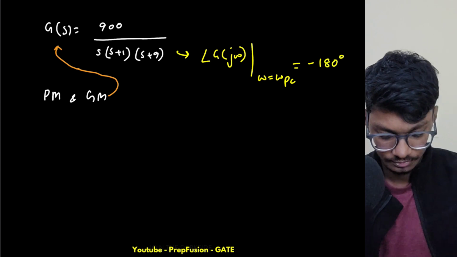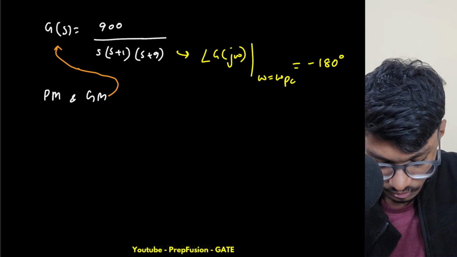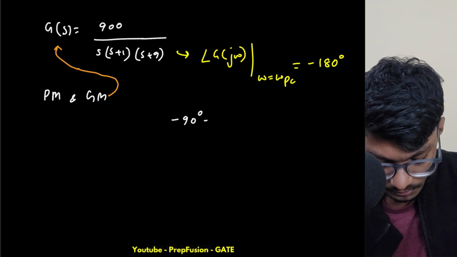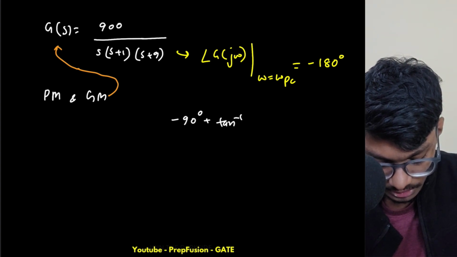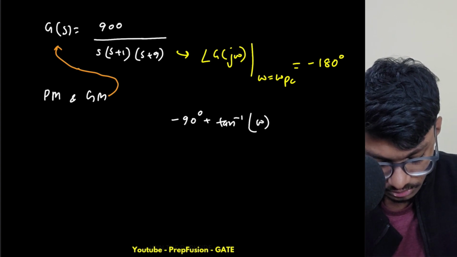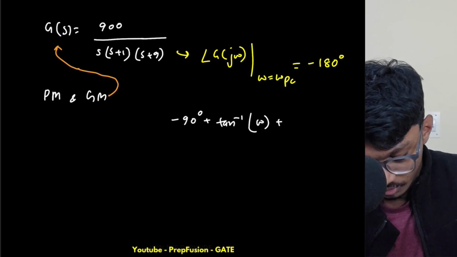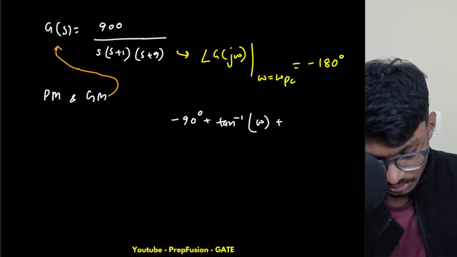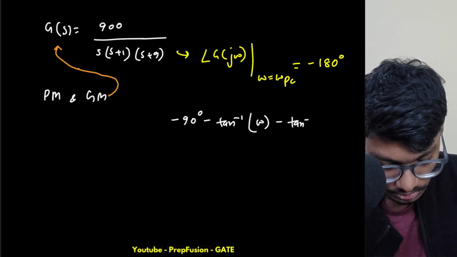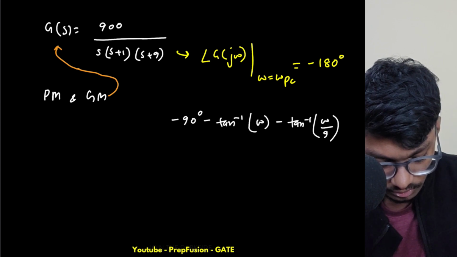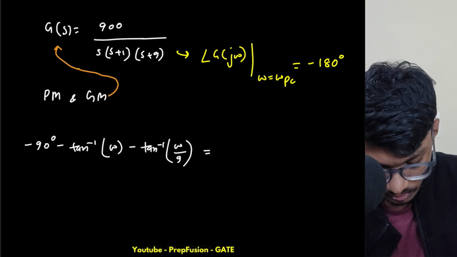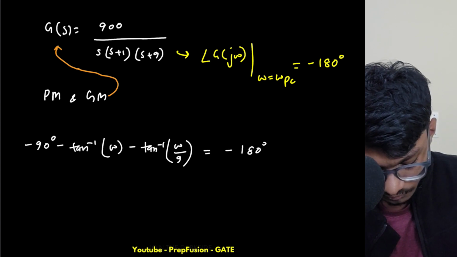Okay, so this will be simply minus 90 degrees plus tan inverse omega, minus tan inverse omega by 9, and this will be equal to minus 180.